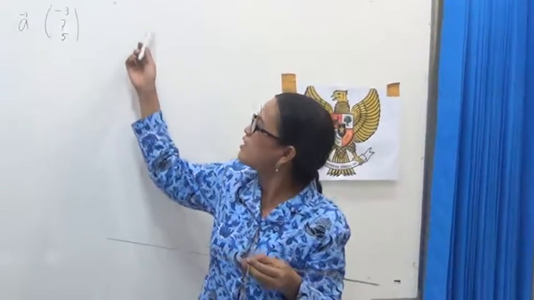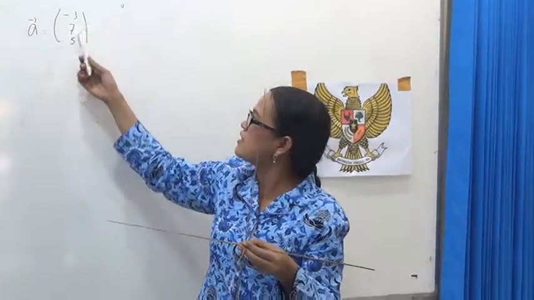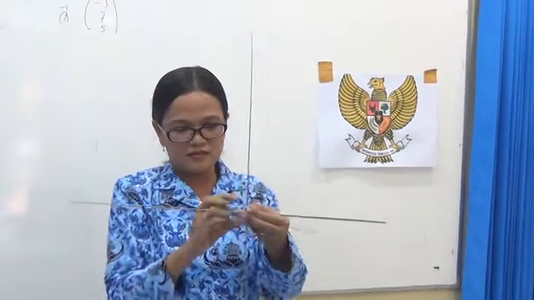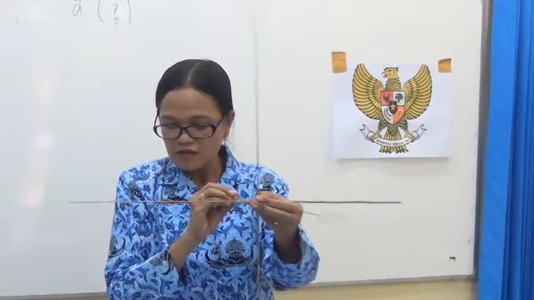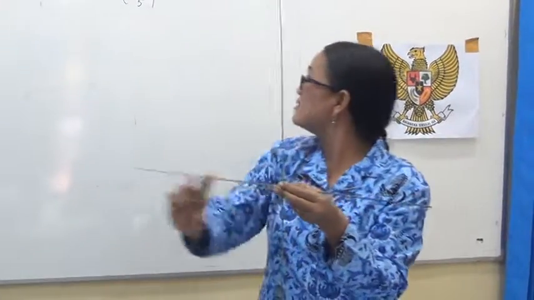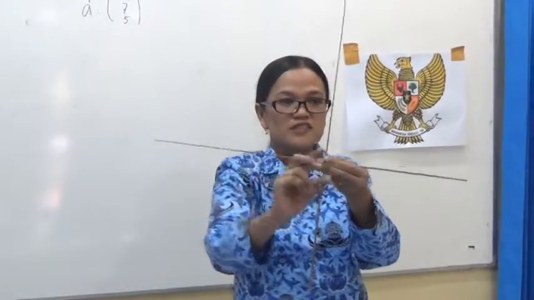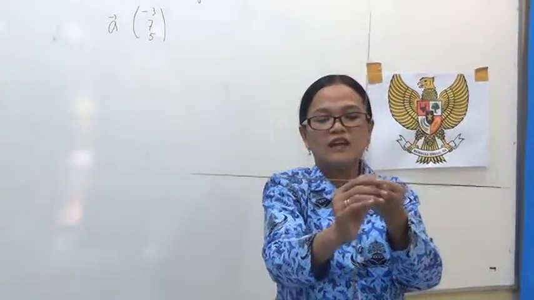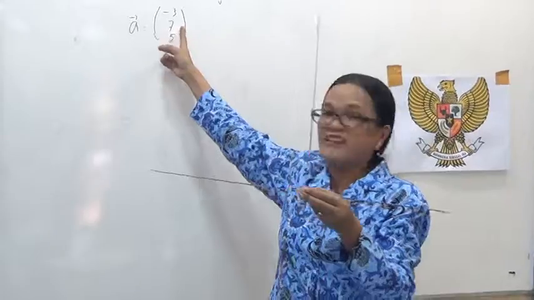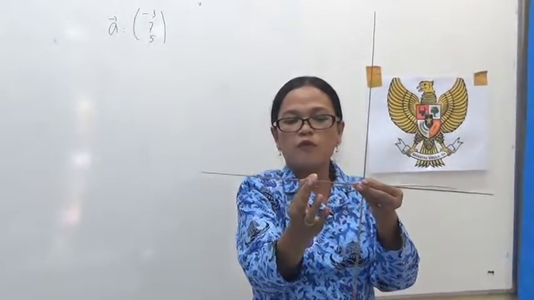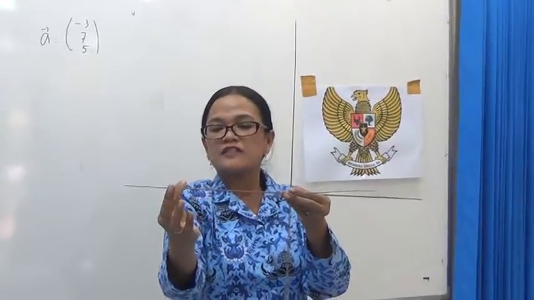Look at that. We will describe (-3, 7, 5). On the X-axis, fix the scale at -3. Then go to the right, 7: 1, 2, 3, 4, 5, 6 and 7.